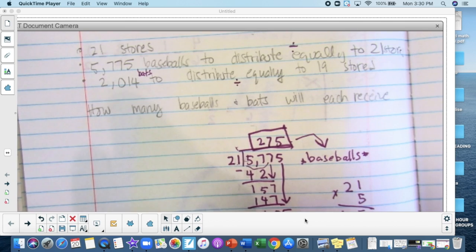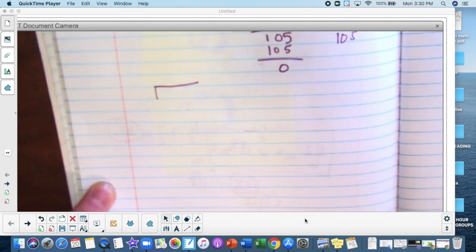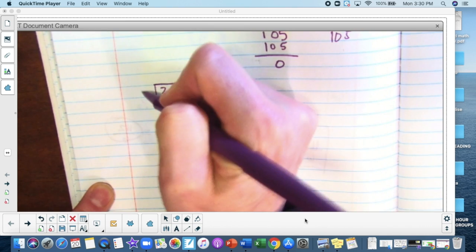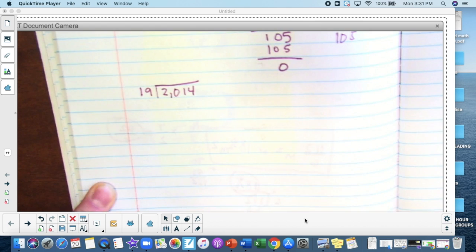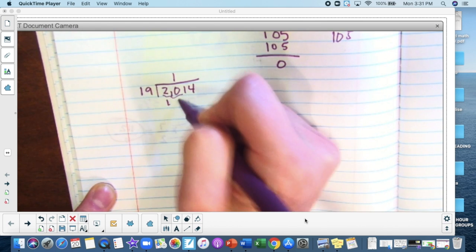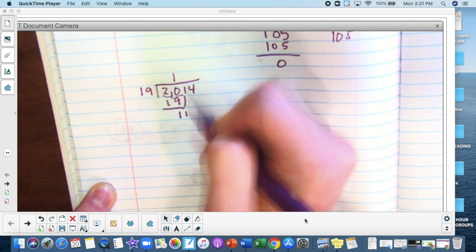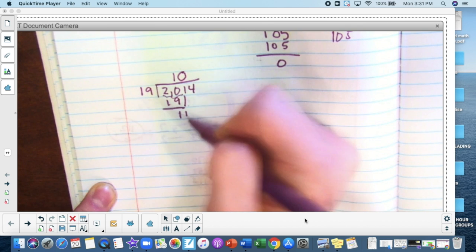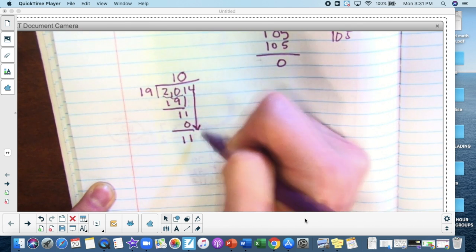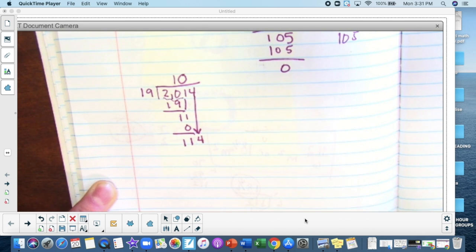So down here, I'm going to be doing 2,014 distributed equally among 19 stores. Let's see, 19 goes into 21. There's 2 left over. 19 doesn't go into 11 at all. How many times could 19 go into 114?